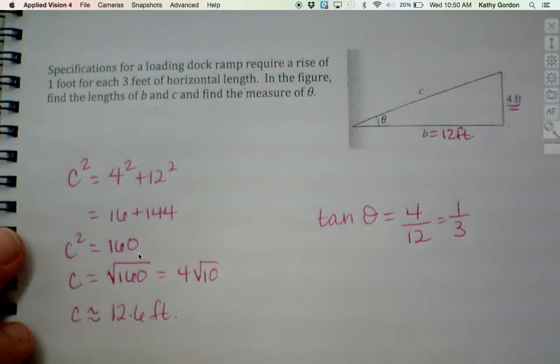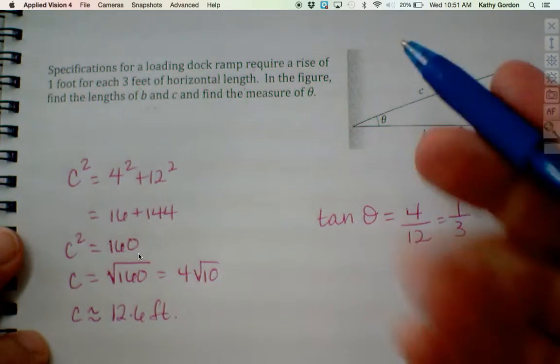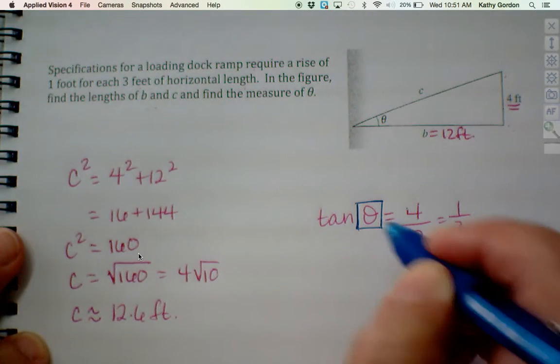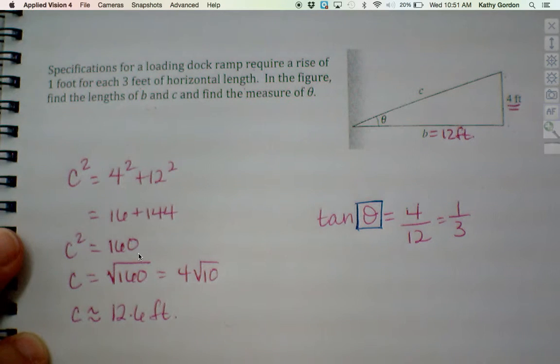But then how do I actually find out what theta is? How am I going to figure out what the actual theta is? Right? This is what I'm trying to solve for now. How am I going to get that isolated?